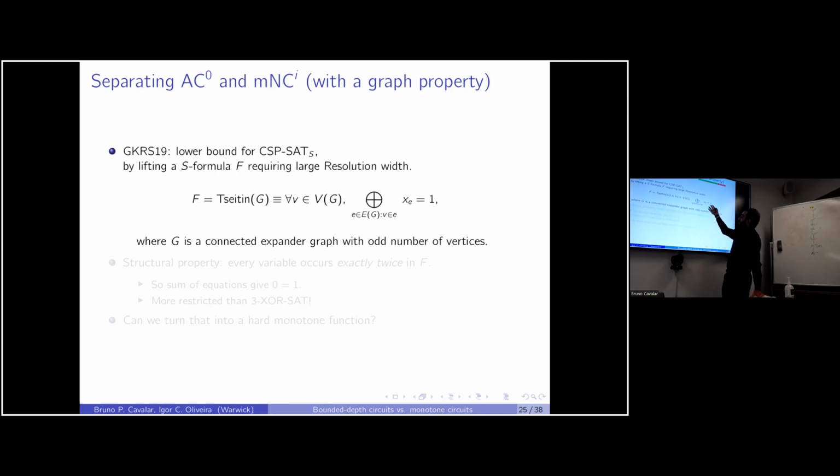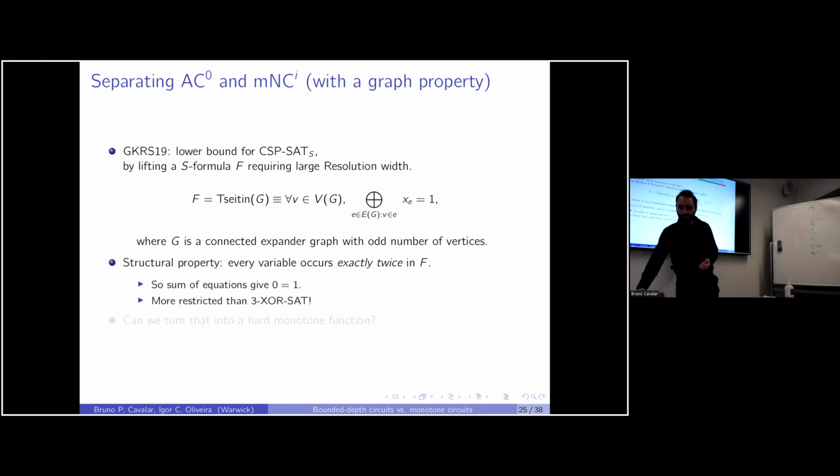They require that you make an equation for each vertex saying that the sum of the edge variables incident to that vertex sums to 1. This is the same as saying that there's a subgraph in which every vertex has odd degree, but you have an odd number of vertices, so that's impossible.